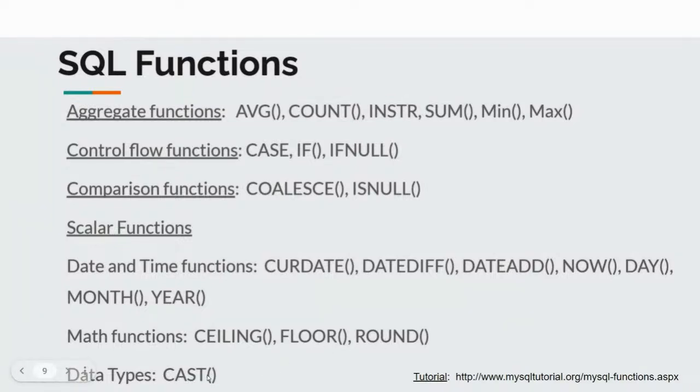Then data types. The cast function helps you convert one data type into another data type as long as it's able to be converted. So say you had a string value that has all numbers in it, and it's not a decimal number, it's an integer, then you can work with it as an integer.